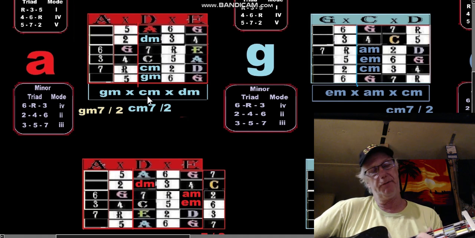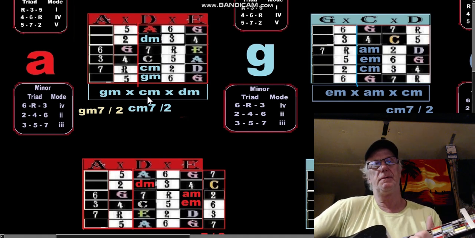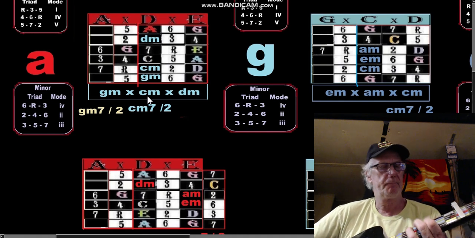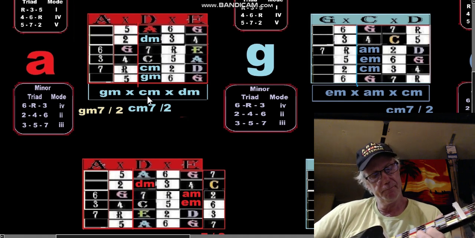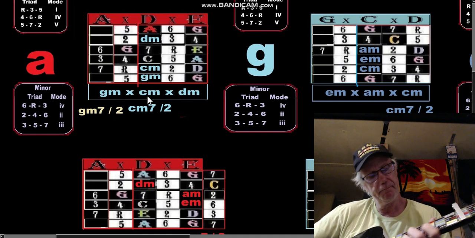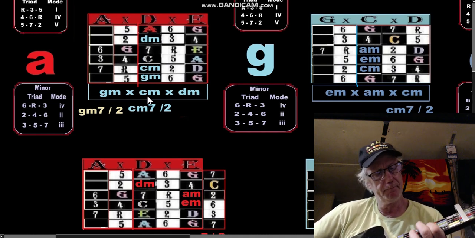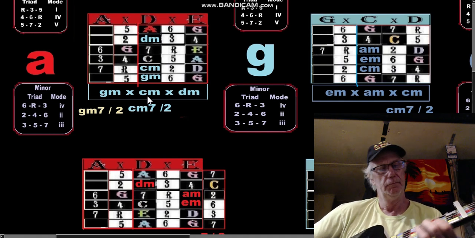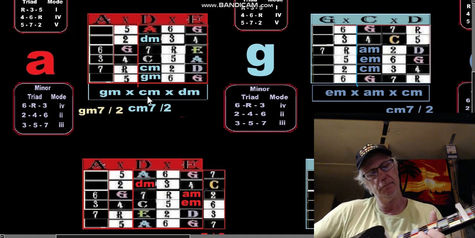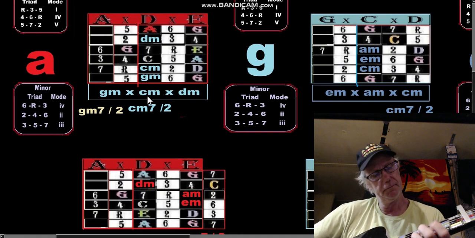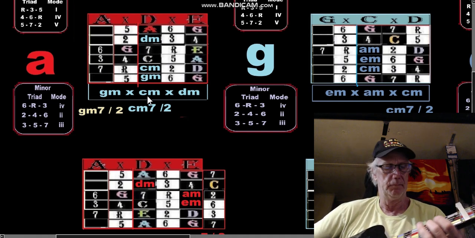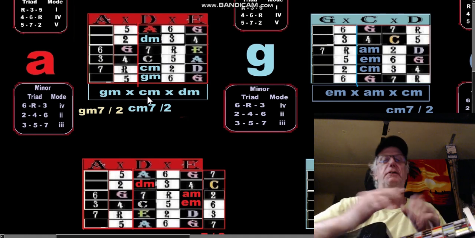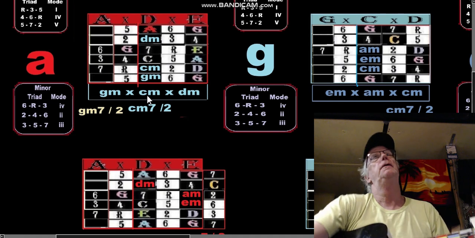Now where do we get that 4 from? The D shape, from the tripentatonic structure.